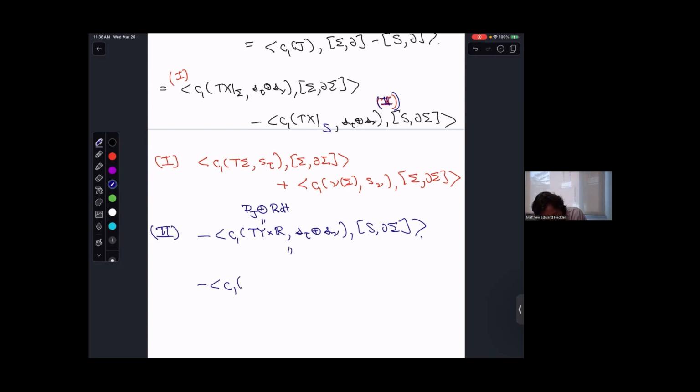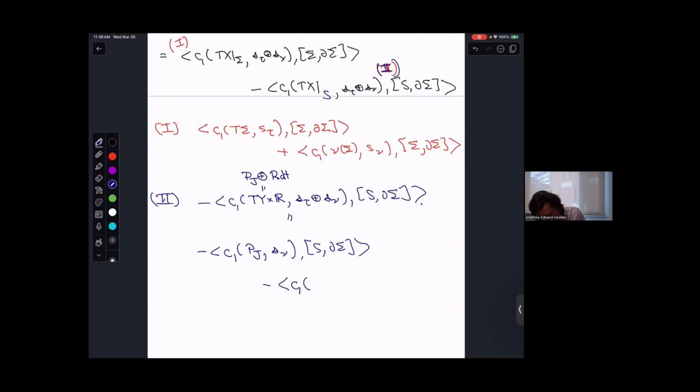And so then this Whitney sum formula gives you this evaluation of relative Chern classes.